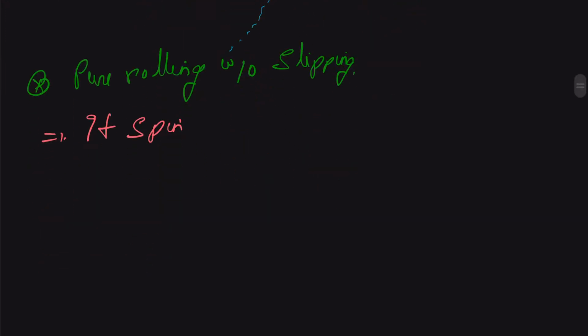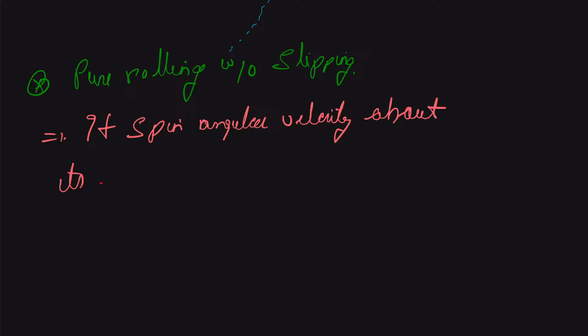So we can say its spin angular velocity about its own axle, let us suppose that is omega, and that will be equal to omega r divided by b.